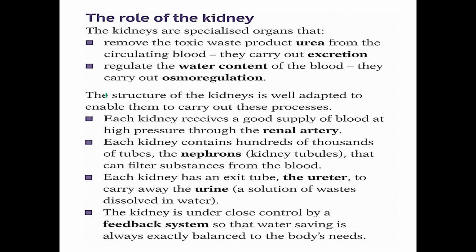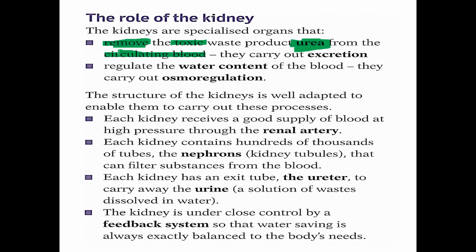A kidney has two main roles in excretion. Firstly, it removes the toxic waste product urea. Number one, it removes urea from circulating blood.